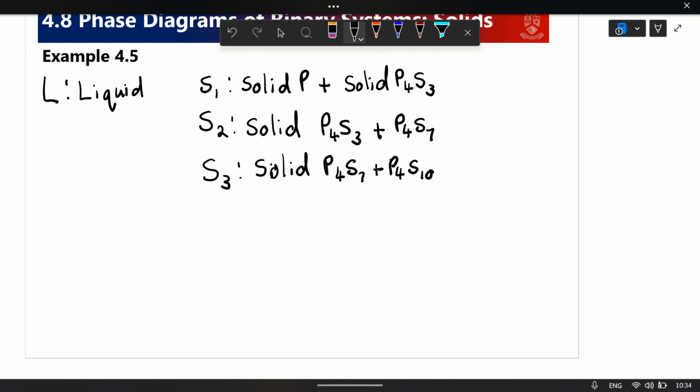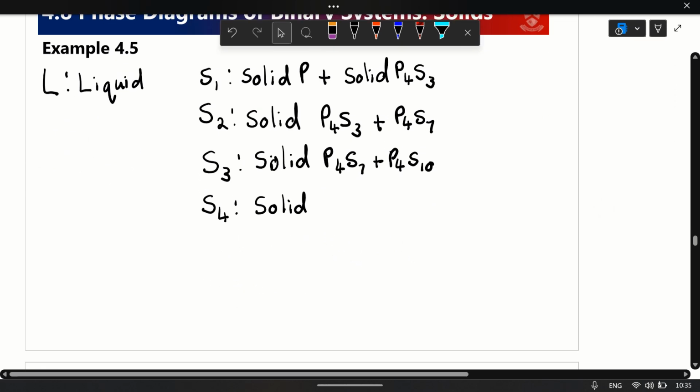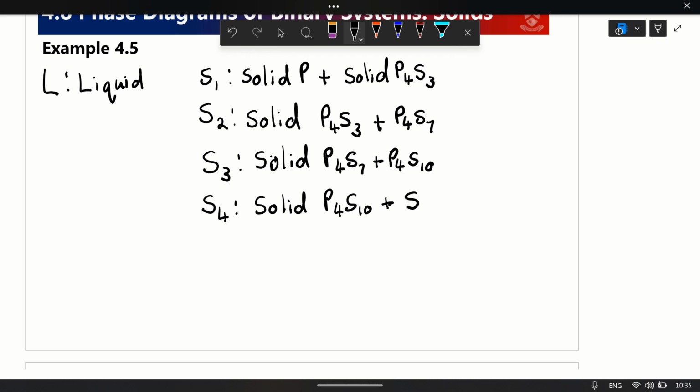And then finally, for the fourth solid region, we expect, because we're now in the sulfur-rich region, to the right of the last binary compound, solid P4S10, but with solid sulfur. So let's just say solid sulfur to make the distinction. Yeah, so that's what we expect in the solid regions.